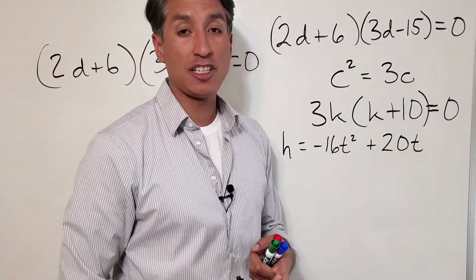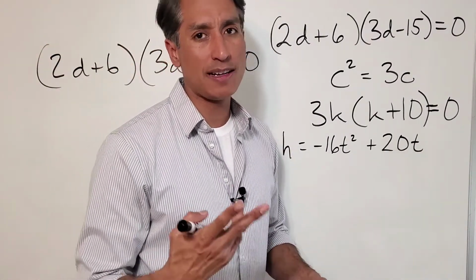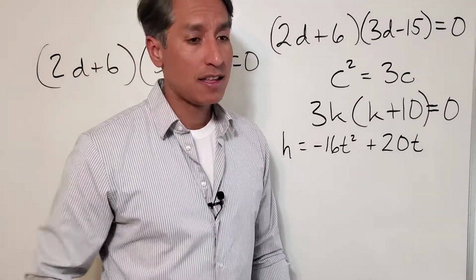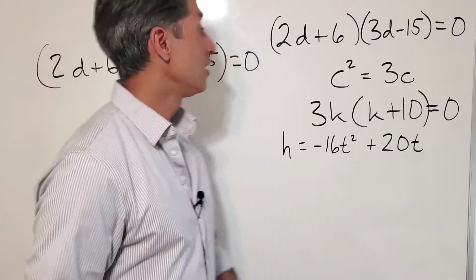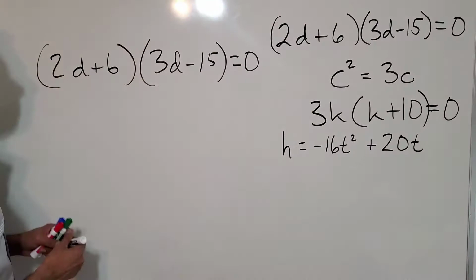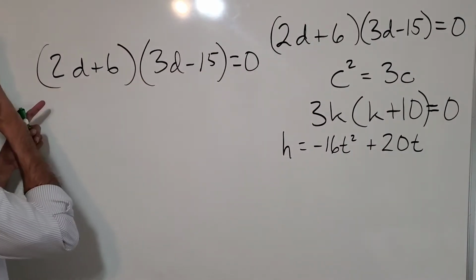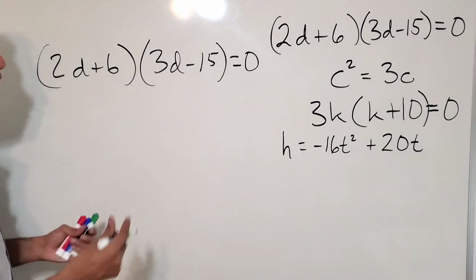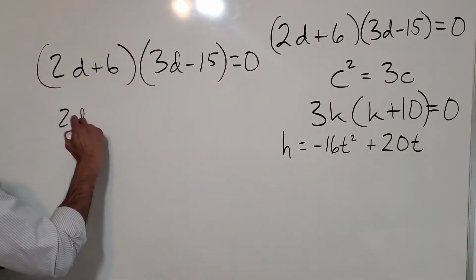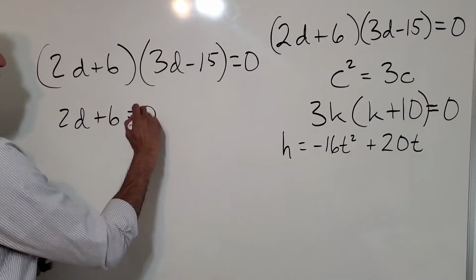Now, the book is going to teach this in one way, and I want to talk about it in 2 different ways, just so that if you are pretty quick with this stuff, then maybe you'll just jump to plan B. But let's take a look. So let's go problem by problem, okay? I know that this times this equals 0, and so therefore, because of that, I know that this guy, 2d plus 6 equals 0.